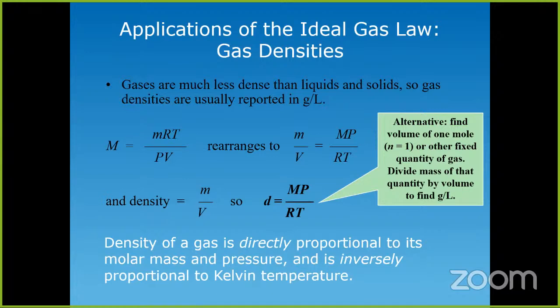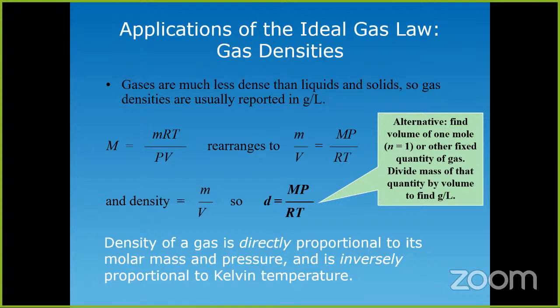If you have two gases, one with a larger molar mass than the other, with the same pressure and temperature, then the greater the molar mass, the greater the density. And there's an inverse relationship between the density and the temperature: as you increase the temperature, the density decreases, and vice versa.